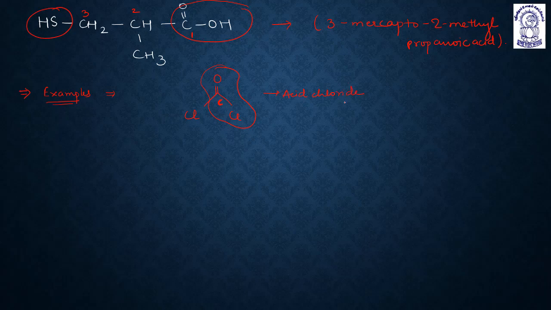The suffix for acid chloride is alkanoyl chloride, that is methanoyl chloride, and this carbon is also attached to a chloro, a halo group. So the name comes to be chloromethanoyl chloride. There will be no capital. It will be written as chloromethanoyl chloride, right?